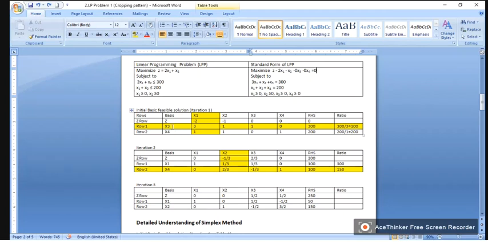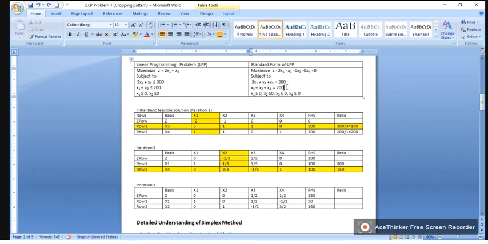Now for row 1, under basis, we have to put X3 and X4, because if we consider x1 is equal to 0, x2 is equal to 0, automatically x3 will be 300 and x4 will be 200.